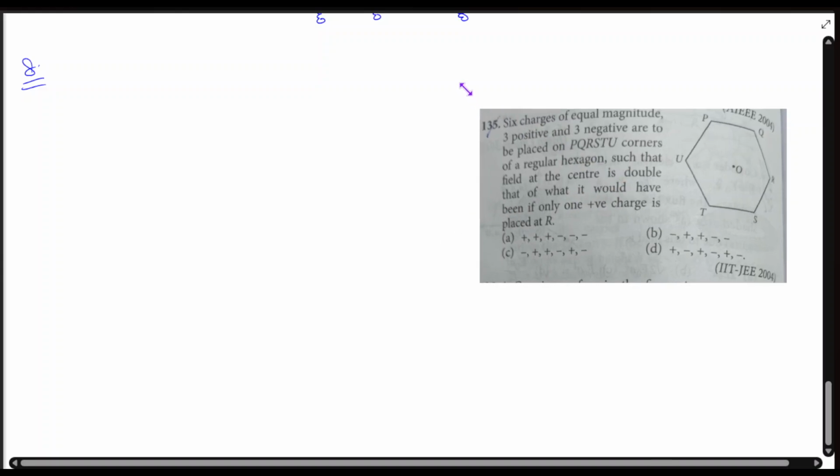Okay, perfect. In this question, there are six charges of equal magnitude, three positive and three negative, to be placed here. So we have a hexagon, a regular hexagon. A regular hexagon has all the sides equal.